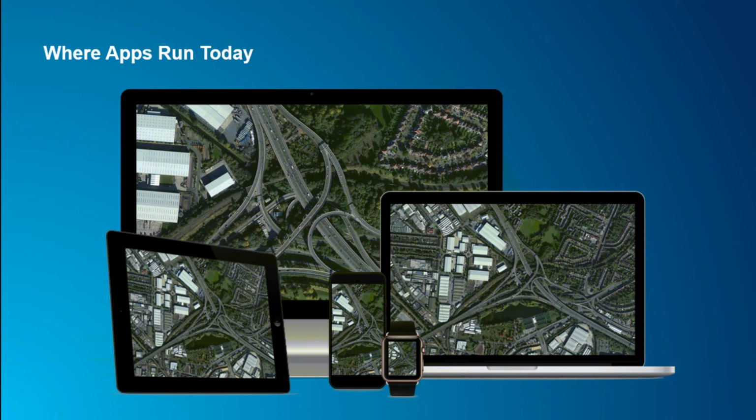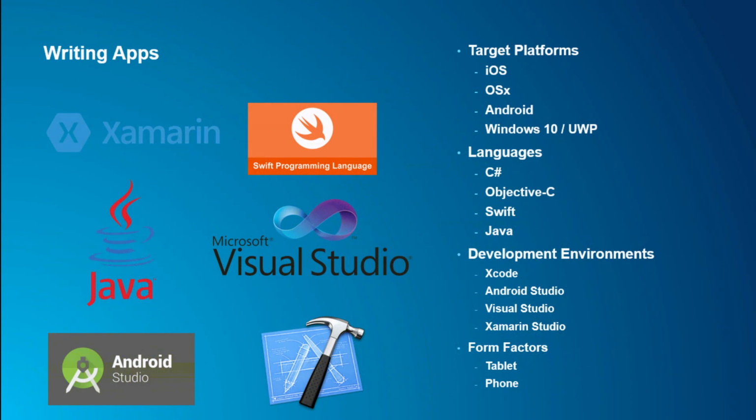But now we have phones, tablets, watches. We'll soon have washing machines. The apps are being developed for every type of system. And with that, each of these devices has a platform or an operating system. So you have iOS, OS X, Android, Windows.